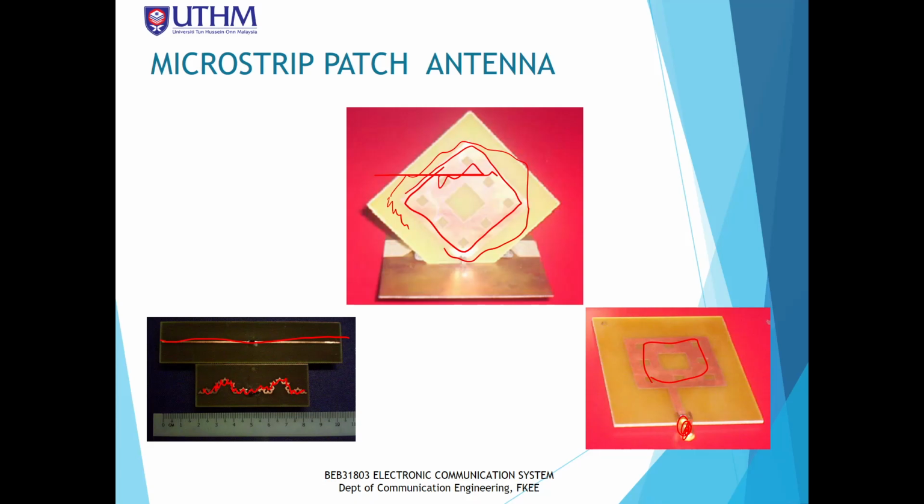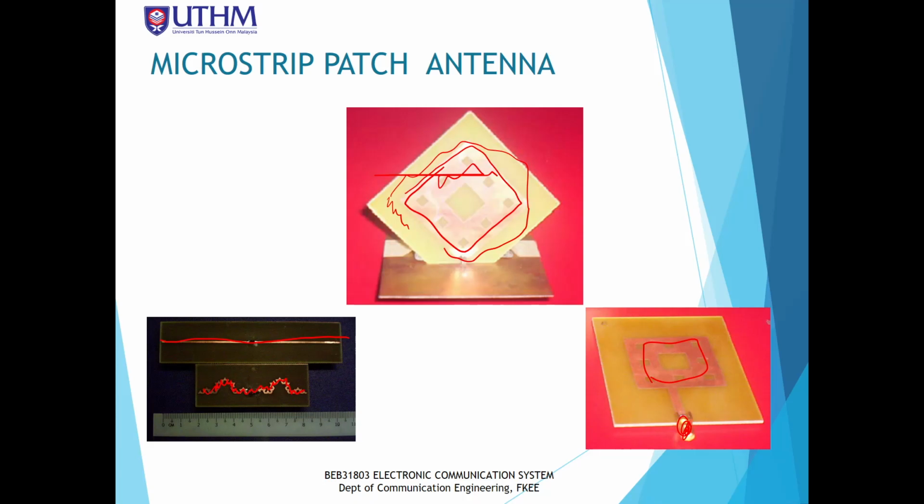So for antenna design, we have many types of design depending on the application that we want to use and the frequency that we use. We can do different kinds of design in order to achieve a specific gain that we want for that application.